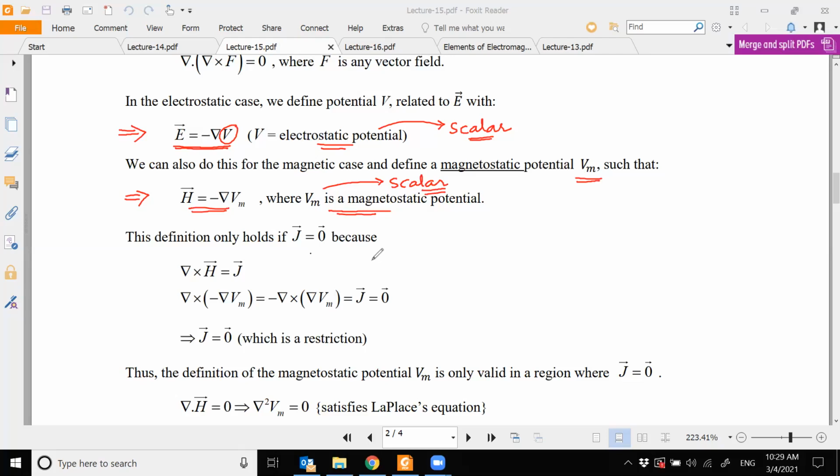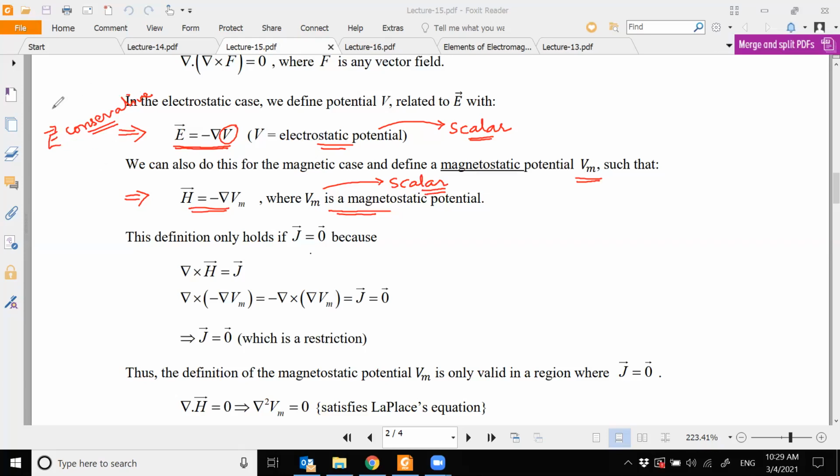But now the issue is the following. Your electric field is conservative, like our potential energy. If you go up from the ground, the potential energy increases. If you come down, the potential energy decreases. So the net potential energy will be 0.